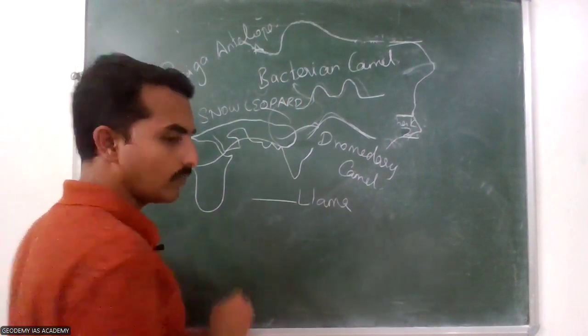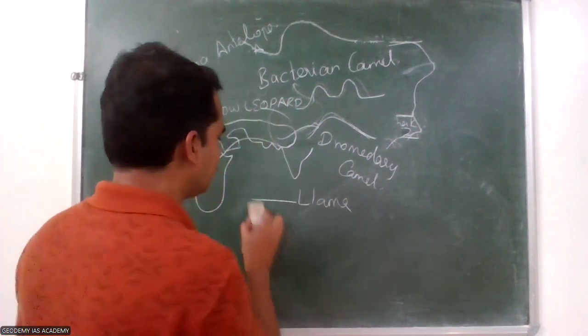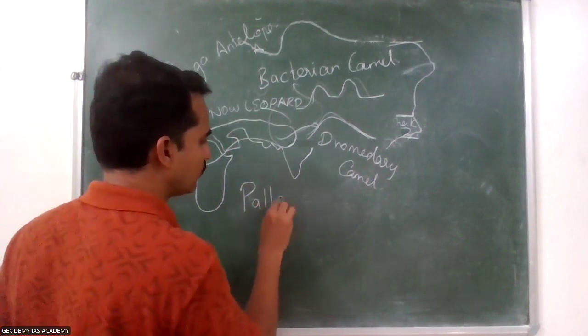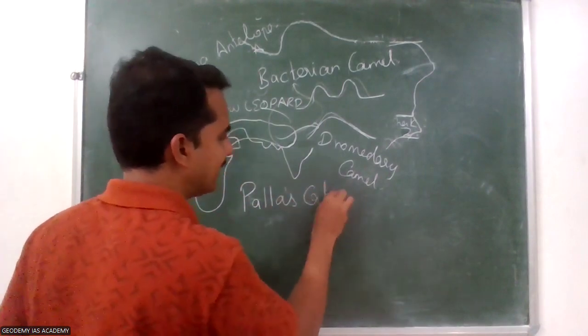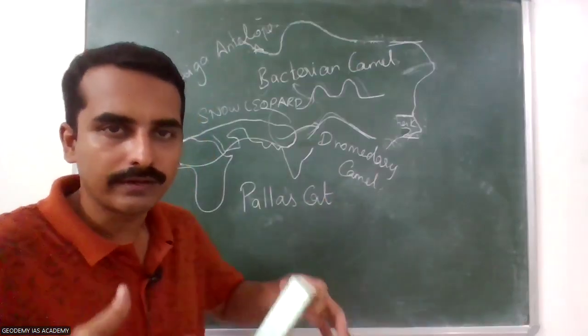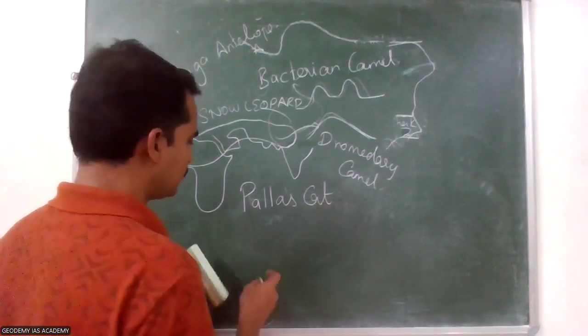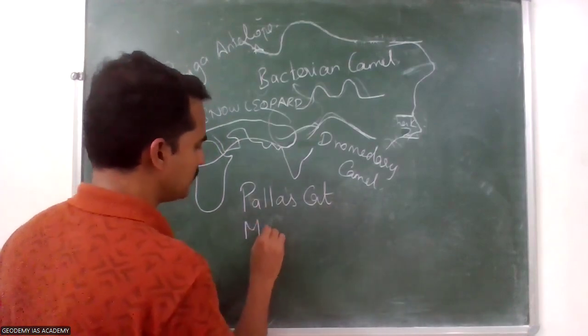And then one special type of cat, which was in the news in December, the Pallas cat. Okay, the Pallas cat, which has more fur. The Pallas cat is more important. And then the sheep, Marco Polo sheep.